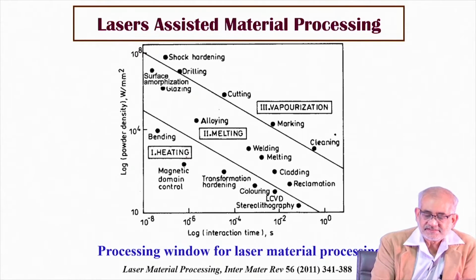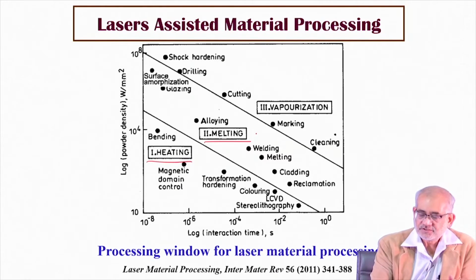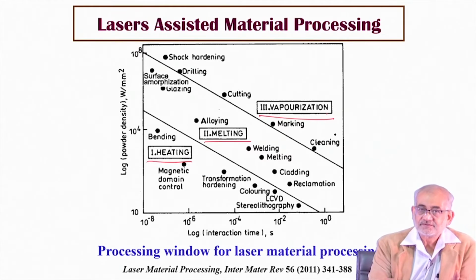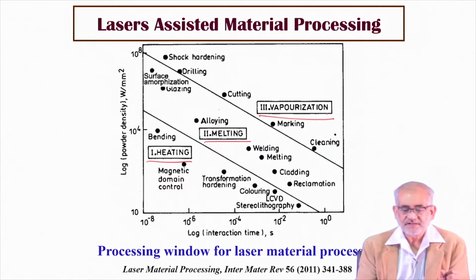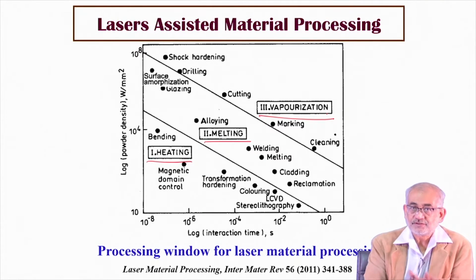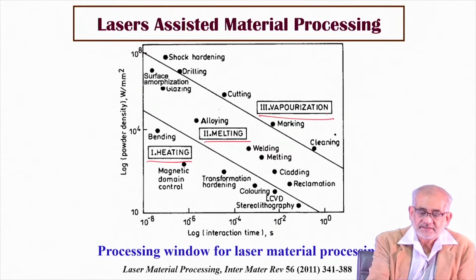As I said, you can do three types of processing: only heating within the solid state, or melting then solidification, or vaporization, condensation. So these three baskets can all be controlled. Any type of laser assisted material processing one can think of can actually come in this XY space.